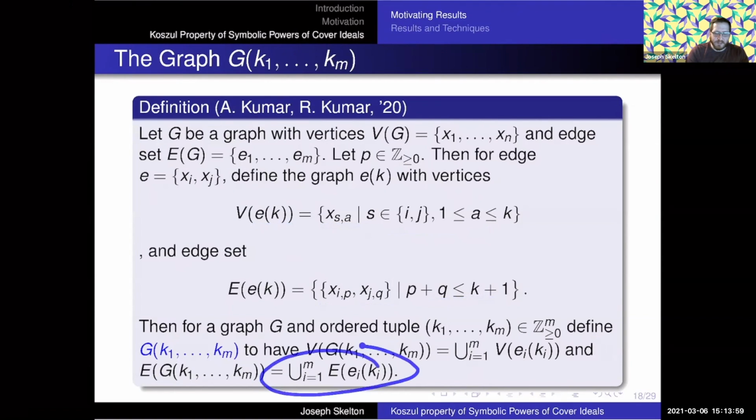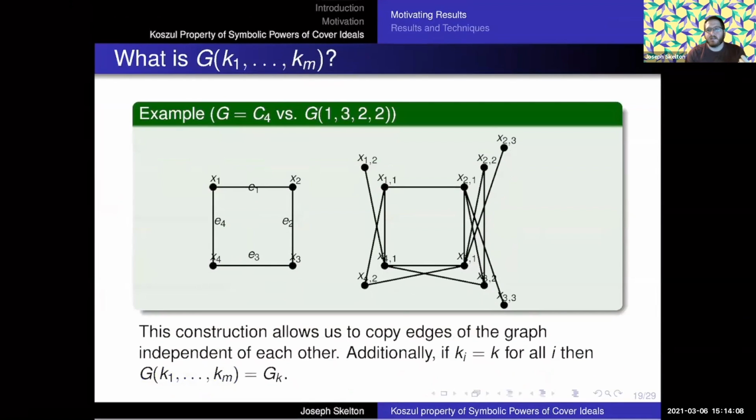Then you union all of those together and you get this new graph G_k vector. That's a really cool construction because it's a much looser construction, so it's much easier to work with. That's a lot harder to break, basically.